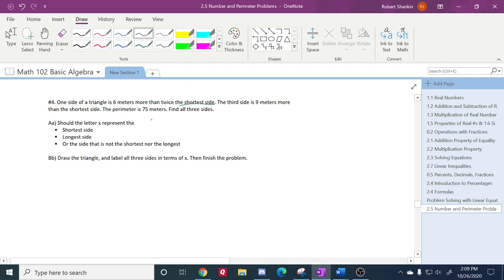Twice the shortest side, more than the shortest side. So we want this. Draw the triangle, label everything, I'll give you a little bit more time.